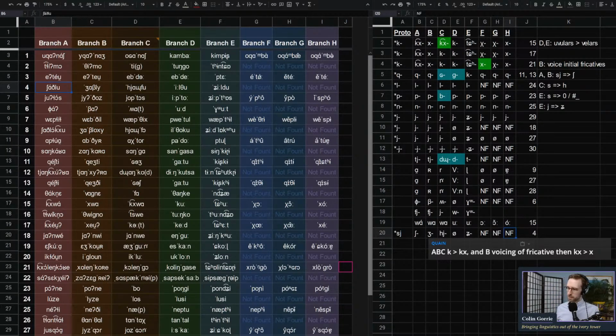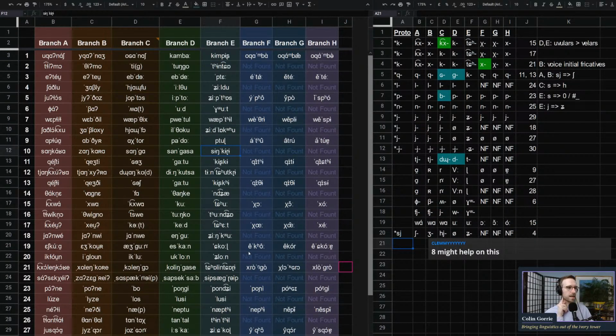Okay. I see some good theories going on about that initial velar affricate. Shipcombo points out some word initial S in 10 and 22.